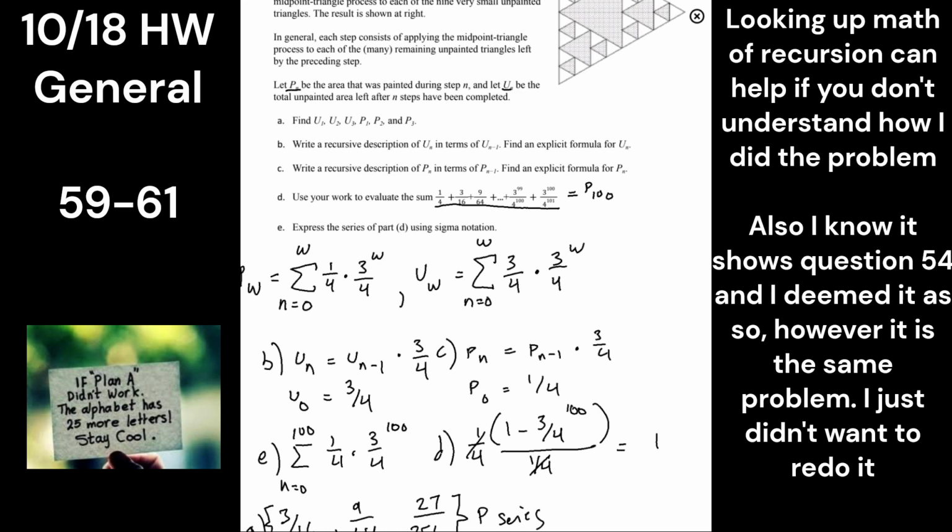So U1 should just be 9 over 16, then 27 over 256. And then the third term should be 81 over 256.